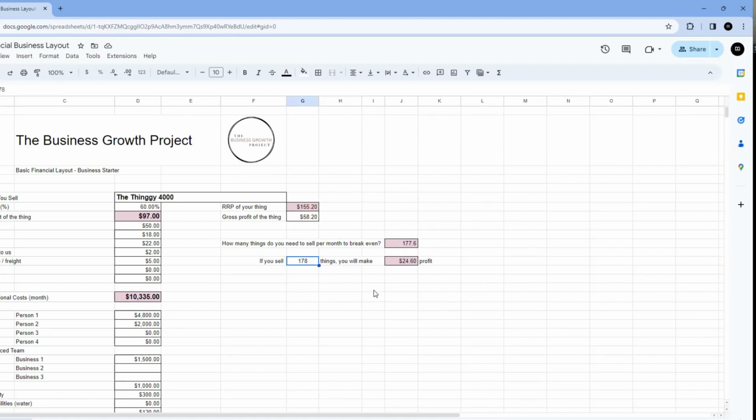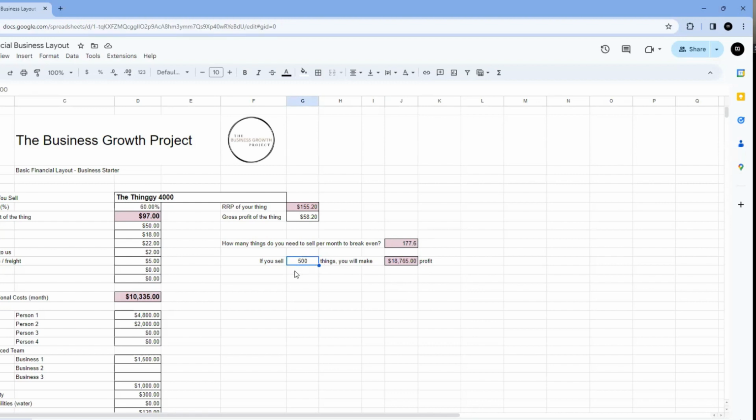If we think we've got a good chance of selling, say, 250 pens per month, then we've now got a profit of $4,000. If we could up that to 500 pens per month, we're at $18,765 in profit. That is much healthier. So now we know what to aim for.